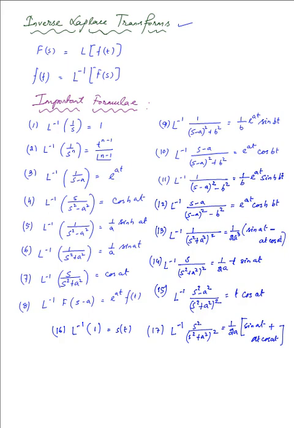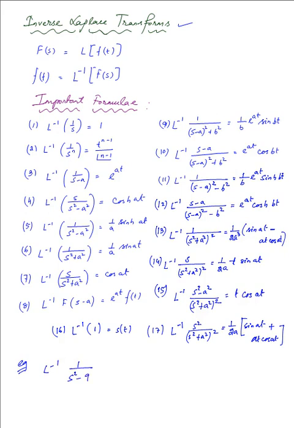We can try a few examples so that we get acquainted with all these transforms, or at least the useful ones, the ones that come up regularly. So let's see the case of the inverse Laplace transform of 1 over s squared minus 9.